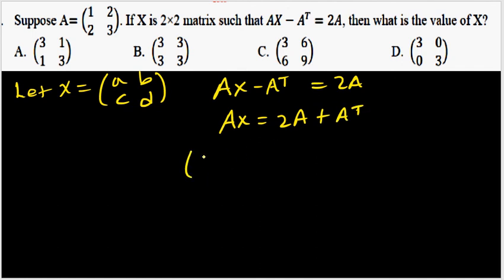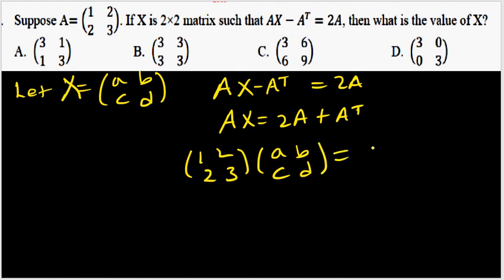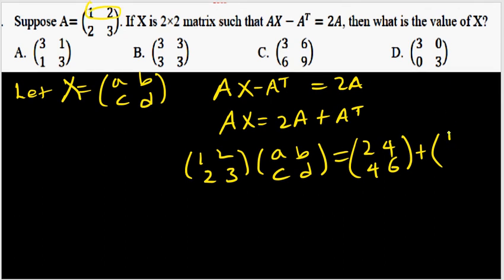So what is A? 1, 2, 2, 3 times X, which we assume is a, b, c, d, equals 2 times A, meaning I multiply every entry of matrix A, which gives 2, 4, 4, 6, plus A transpose. The first row becomes the first column, 1, 2, and the second row becomes the second column, 2, 3.